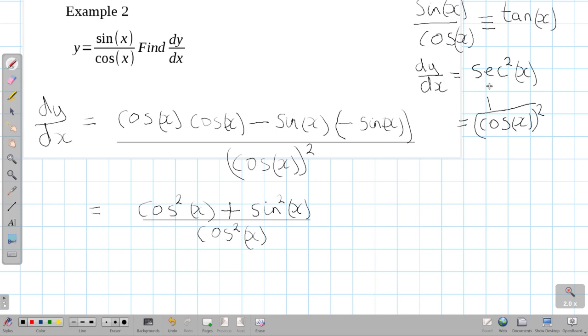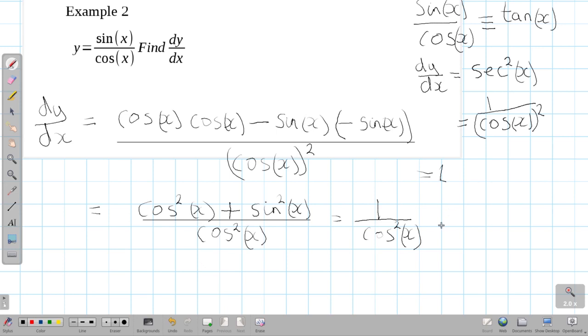But if you know your trig identities, you'll know there's another one that says that cosine x squared plus sine x squared is equal to 1. Okay, so that means that this is all equal to 1 over cosine x squared.